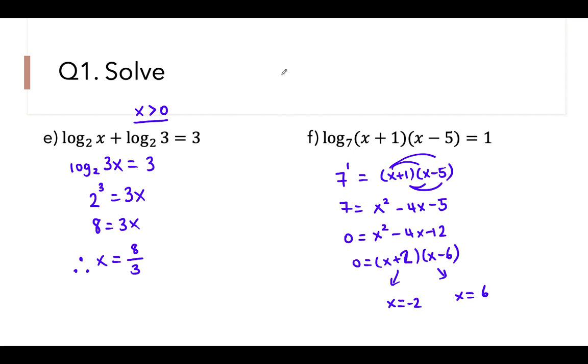Okay. Now, what about the domain and range? Well, what about the domain? Let's try graphing it. So it seems like we have our zeros at negative 1 and 5, because we want x plus 1 and x minus 5 to be greater than 0.